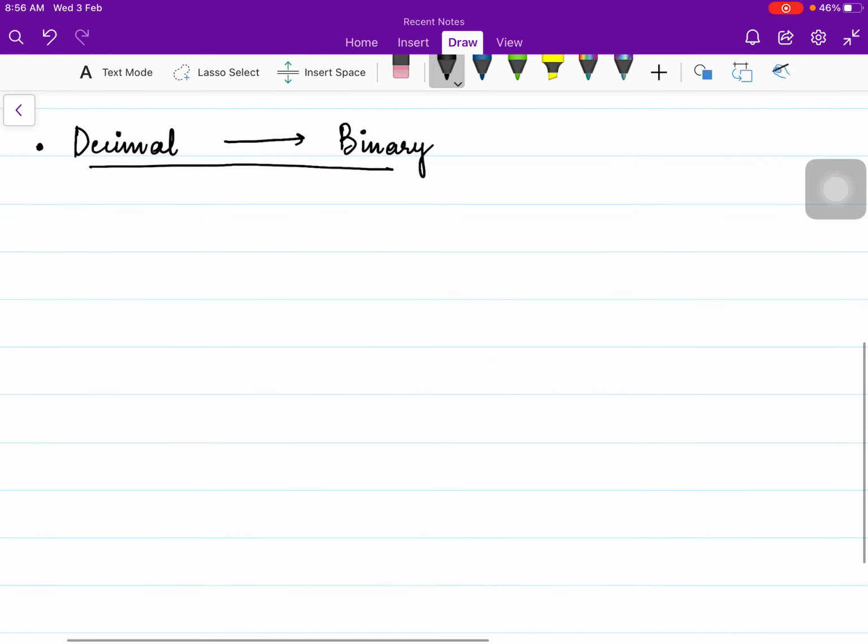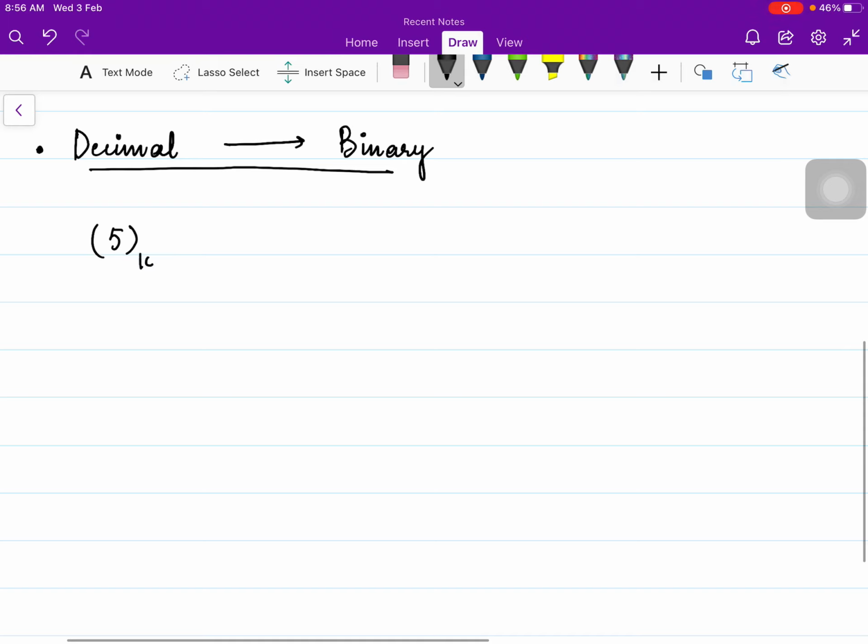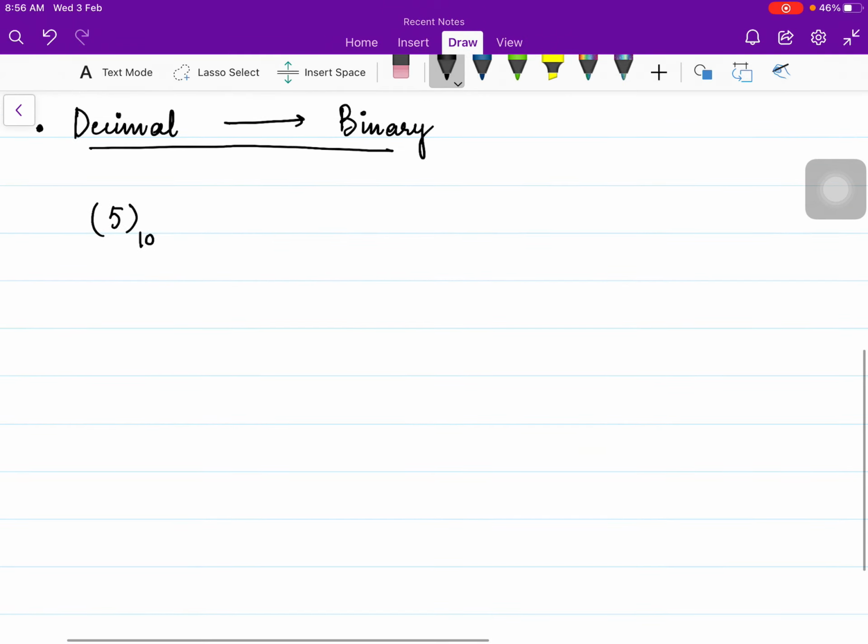If a number is in decimal and we have to convert it into binary, the question will be given in this form. The decimal number system has base 10, so in the subscript we will write 10, which itself shows that the given number is in the decimal number system.